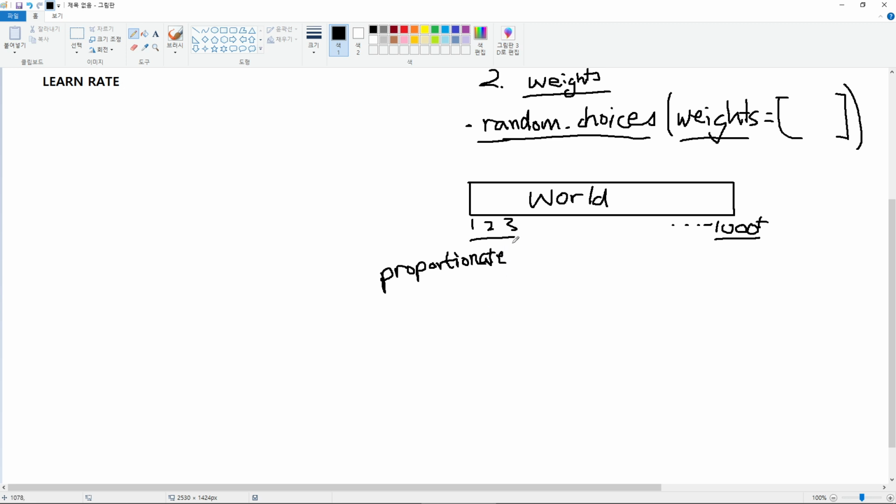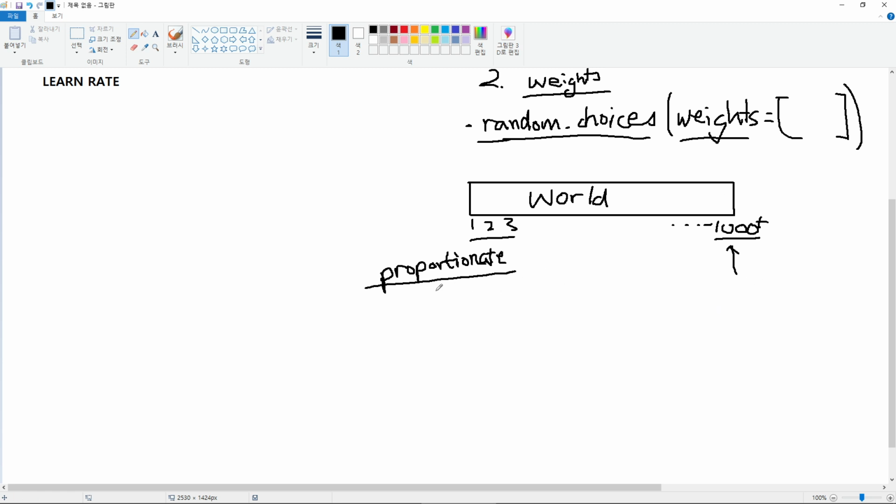So rank 1 would have... and there are also two ways of doing it proportional. First, the first one is favoring the tail, or the last entity in the world, which has the lowest summed utility score.